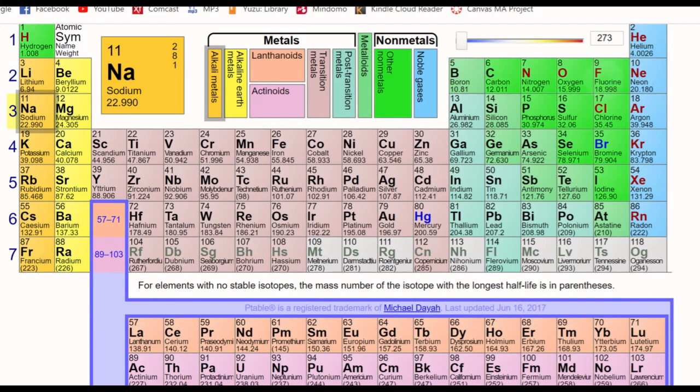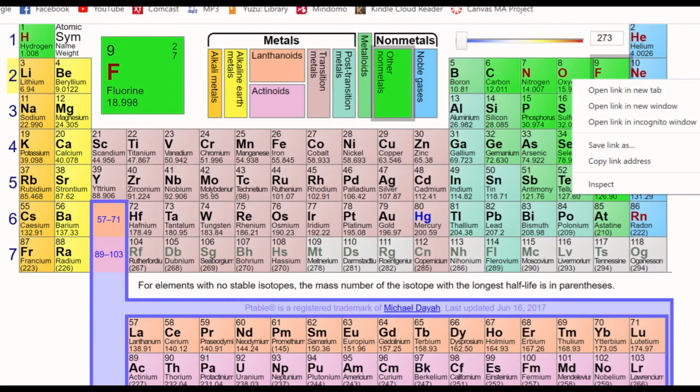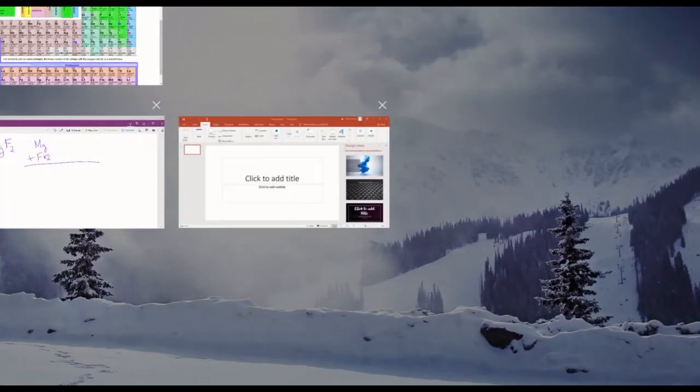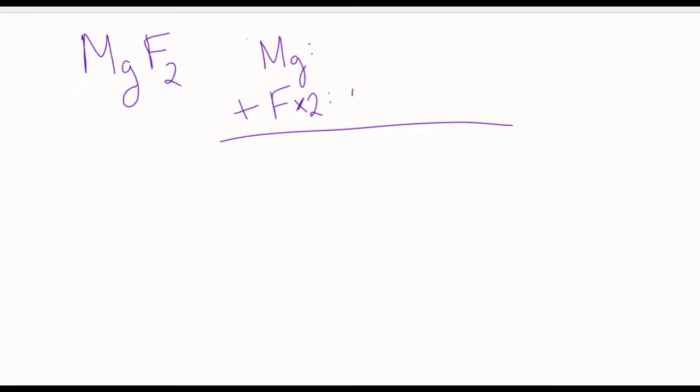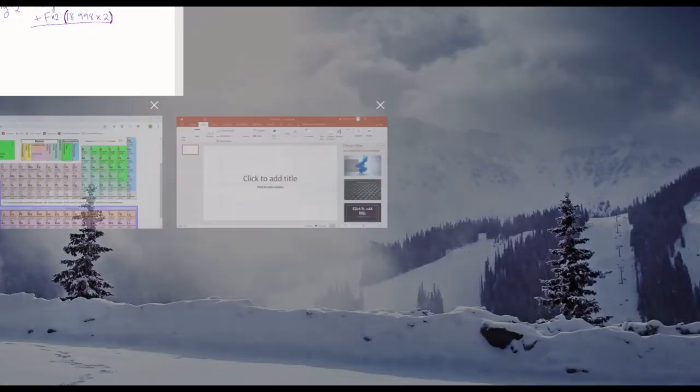Fluorine is 18.998, and we have to multiply that by 2. I always recommend putting this in parentheses. A lot of people make simple algebra mistakes, and then it ends up being wrong. So anything you're multiplying by 2, just put that in parentheses to keep your math straight.